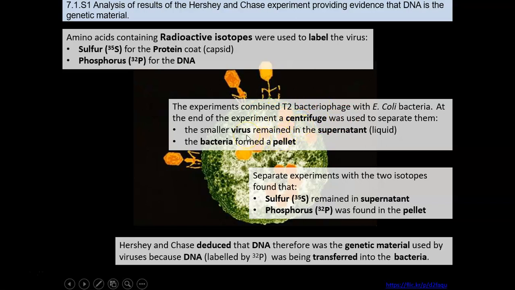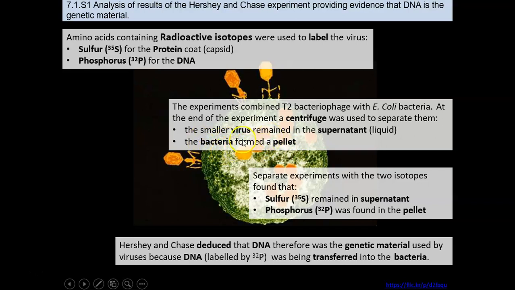What happens during the centrifuge? Well, the one which is lighter and smaller goes to the top, which is called supernatant, and the one that is a little heavier, which is called pellet, goes down in the centrifuge, which is bacteria.